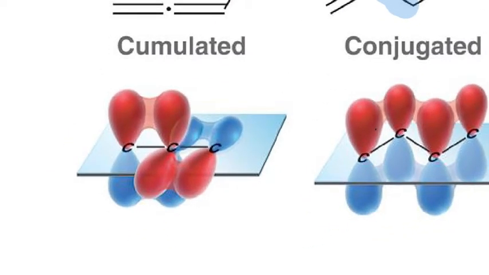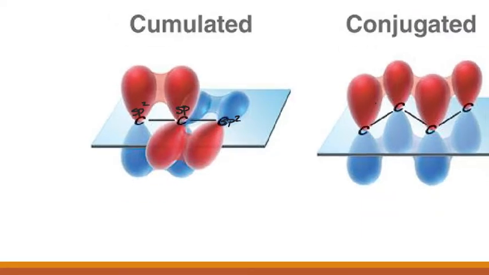And so, again, the middle one is sp, then you have sp2 and sp2. If we were drawing an sp hybridized carbon, we would have one p orbital above it, then we'd have one in front and in the back.